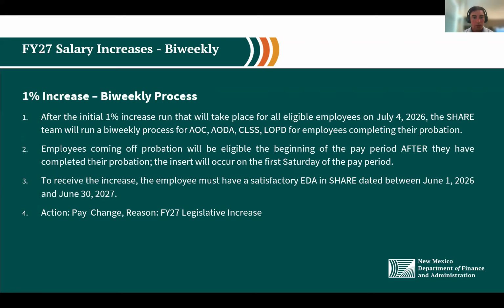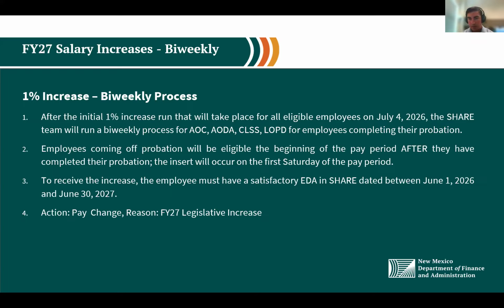So this is for employees on their probation, and it'll take effect the first full pay period after they complete probation. So to take today as an example, let's say an employee comes off of probation today, May 18th. The effective date for the 1% increase will be May 23rd.